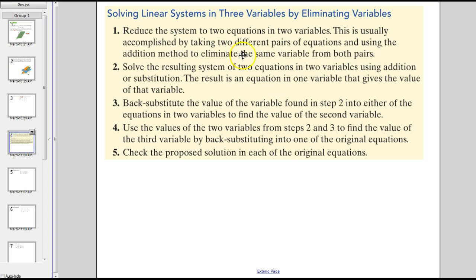You have to make sure that you're always eliminating the same variable. And then once we do that, we have a 2x2 system, and you just solve that 2x2 system. Then you go all the way back into any of the original equations to get your third variable. So let's walk through the procedure for this with this next problem.